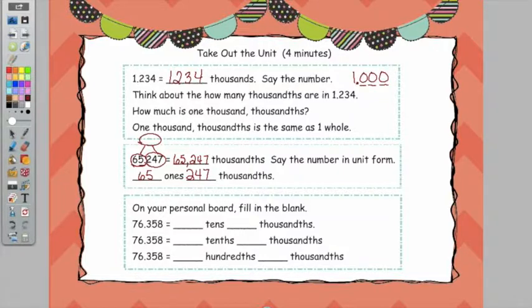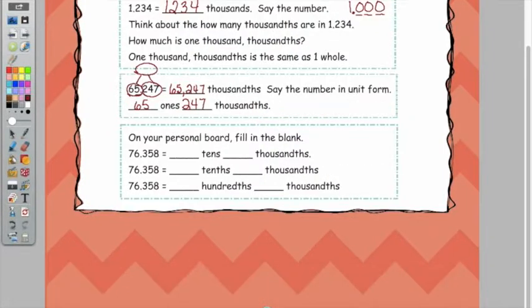Okay, so in this next part, all we're doing is pretending there's a number bond, deciding what to take out. Okay? So my advice is underline the place value that comes first, so tens, circle it, and then place the other numbers where they belong.